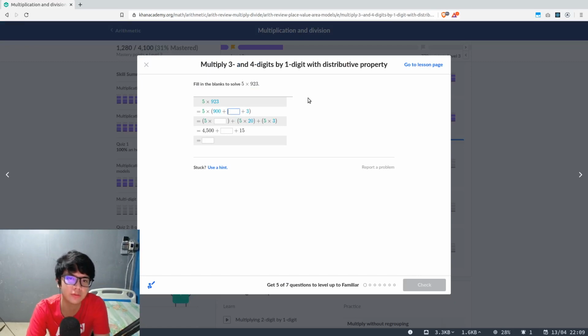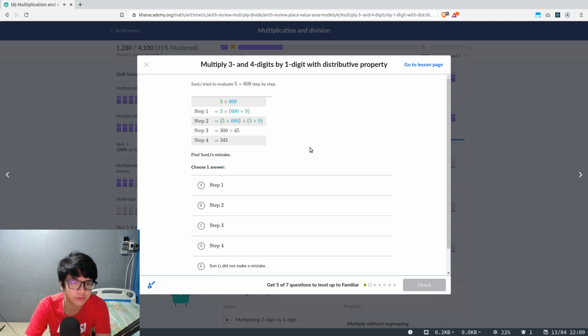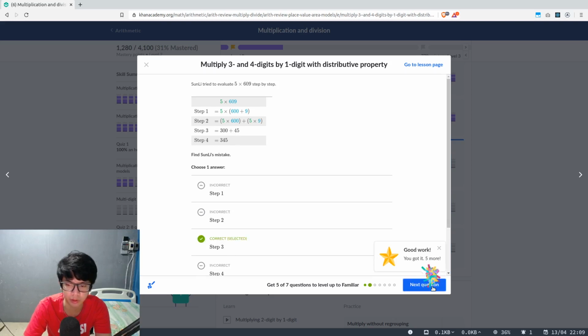Fill in the blanks to solve 5 times 10 or 23. Okay. Not red. Oh shoot, what's this? What? That's be 100, right? 4 6 1 5. Find Sunley's mistake. It's 9. Step 3, what the heck?